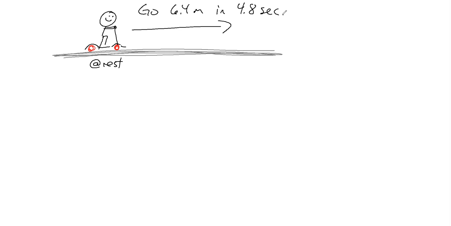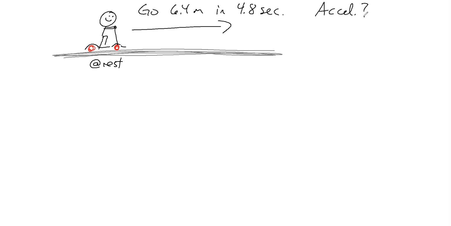And let's say they started at rest. Okay, nice and basic. We're just going to start at rest, and they are going to move forward. And let's say they went, let's go with 6.4 meters in, let's go with 4.8 seconds. And what I want to know is what was their acceleration?